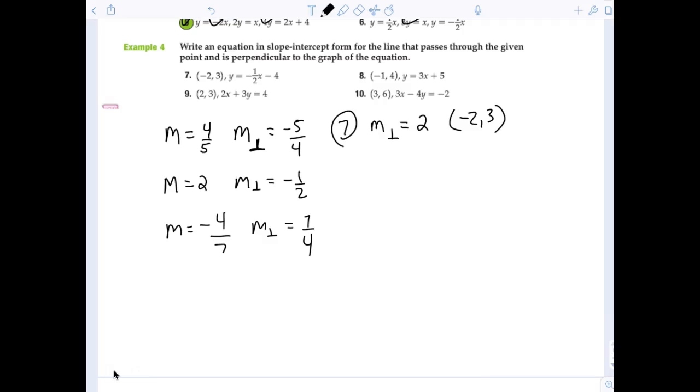So you go to stat and then to edit. And then you type in -2 and 3. You don't have to do it, just go over it. Graph it. I want to see if you changed your point.